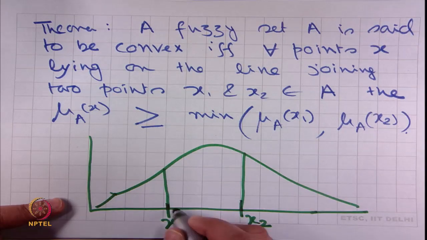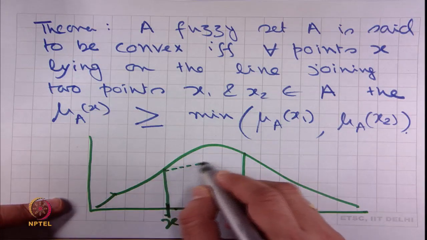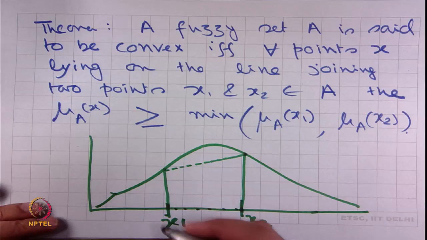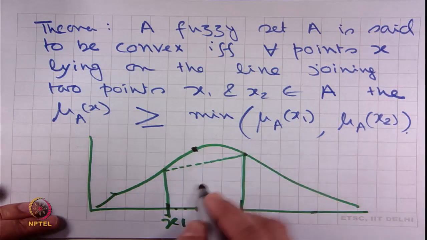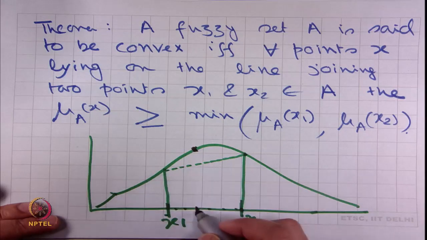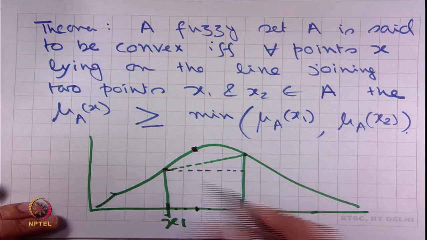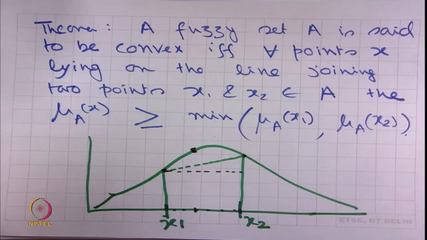Now, if we look at any point x on the line joining x 1 and x 2, and we look at its membership value to x, you find that the membership value is more than the minimum of the membership value of x 1 and membership value of x 2.